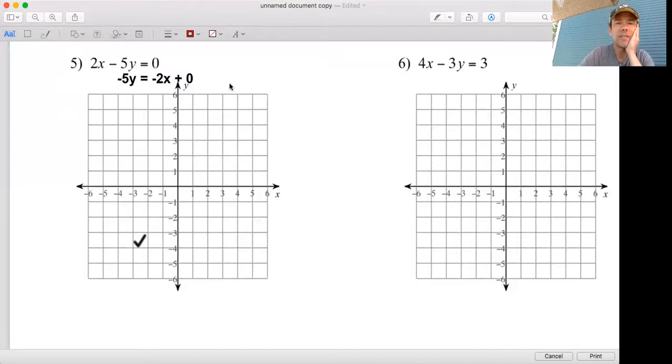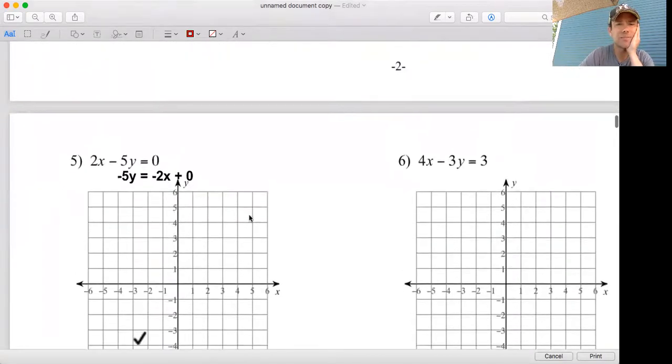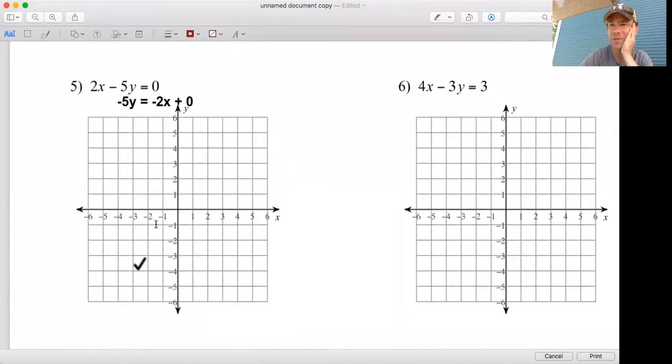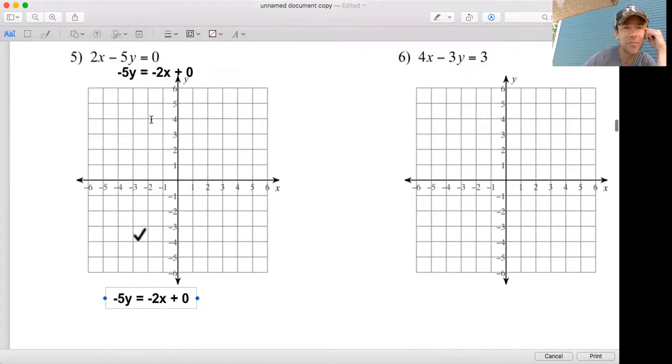Now I need to divide everything by 5. I'm also noticing there's no graph to choose from here. Regardless, let's not worry about that right now. I think on the homework you'd be done right now, but we want to get y by itself. So if we divide everything by negative 5, this becomes negative 2 divided by negative 5, and 0 divided by negative 5 is just 0.